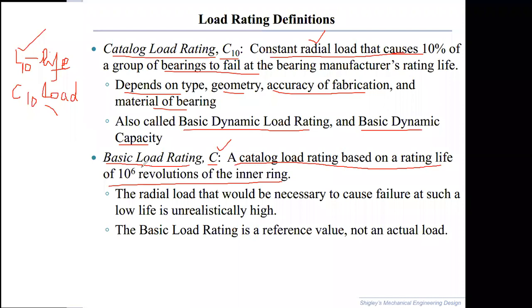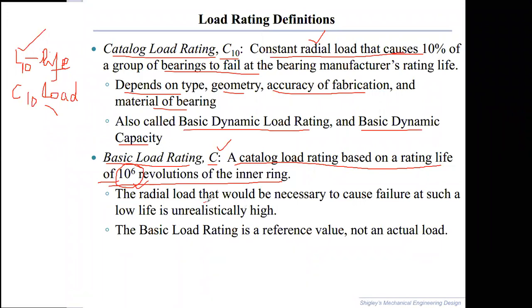What is this 10 to the 6 revolutions? Generally, this is a standard. When manufacturers talk about revolutions, they set up a standard of revolutions, which is, let's say, 10 to the 6 revolutions. So any load rating that would give us 10 to the 6 revolutions of a bearing life, we will call that the basic load rating.